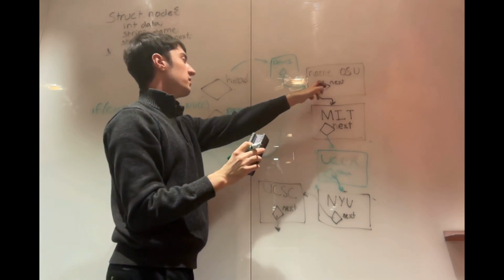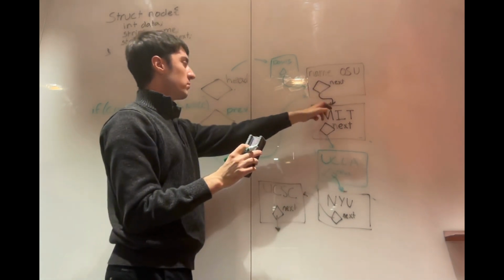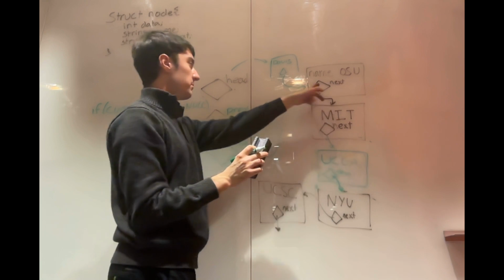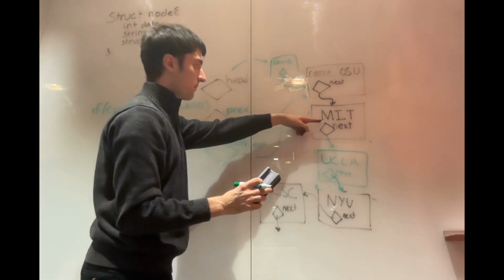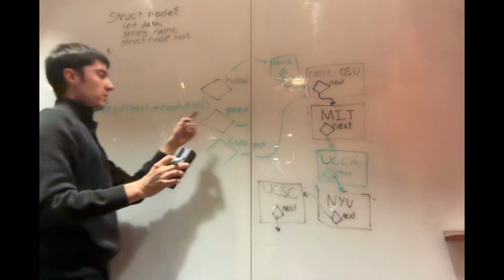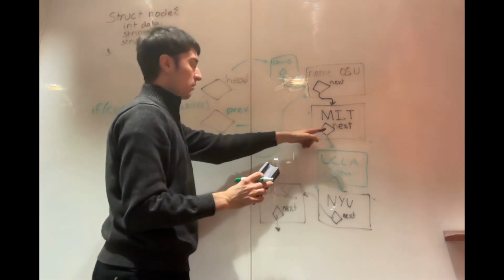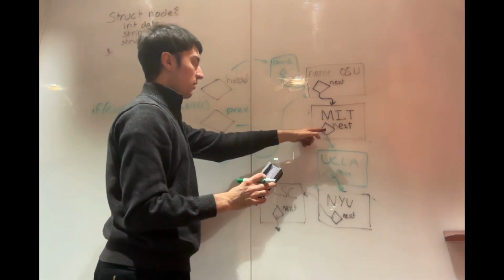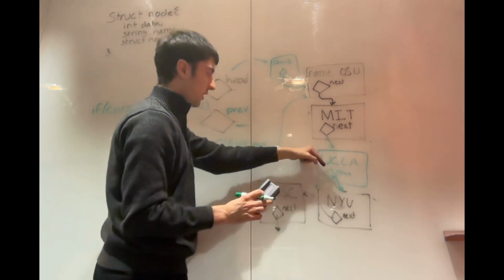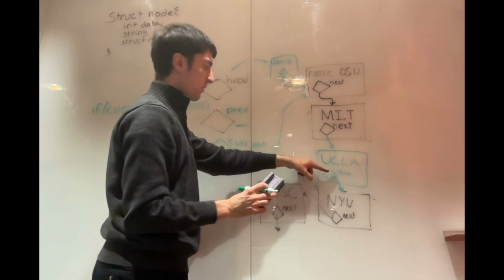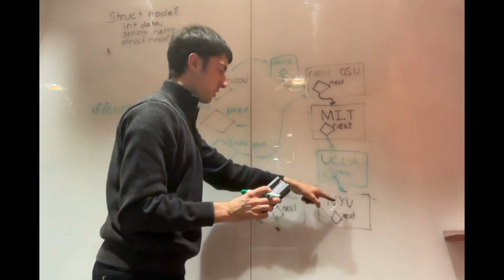And it's going to say, is this equal to null? Nope, it's equal to MIT. So it doesn't trigger. And then we're going to ride the train again and do the same test. And it's going to say, nope, it's not equal to null, it's equal to UCLA. Then it's going to ride the train again, go to UCLA, check the next, come here.